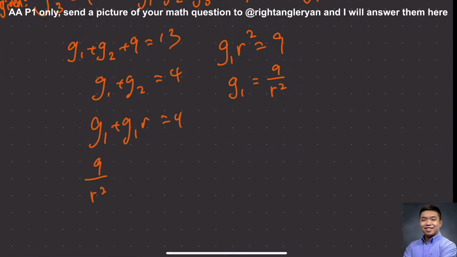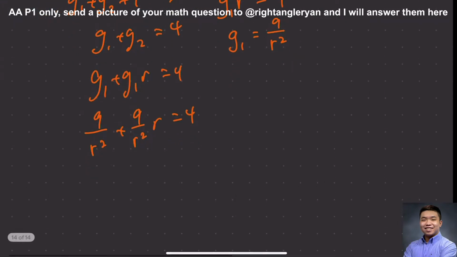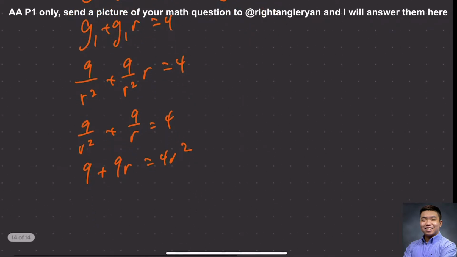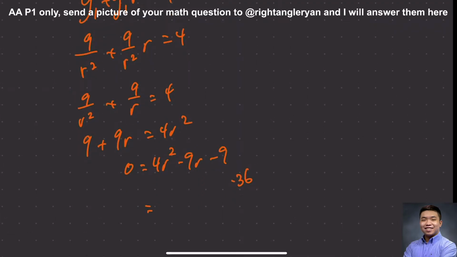So 9 over r squared plus 9 over r squared times r is equal to 4. So then we would have 9 over r squared plus 9 over r is equal to 4. Multiply everything by r squared. So 9 plus 9r equals 4r squared. 0 is equal to 4r squared minus 9r minus 9. So negative 36. What multiplies to negative 36? 12 and 3. Yes.